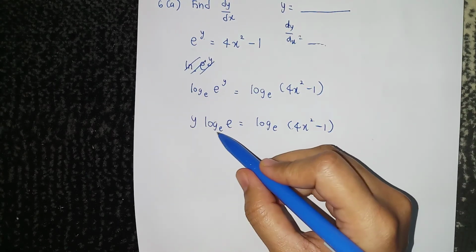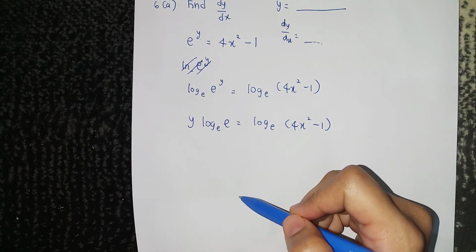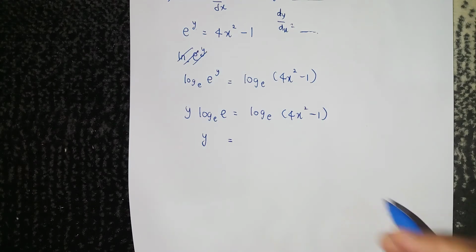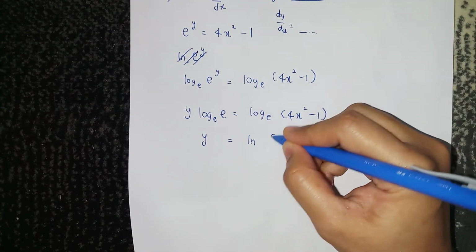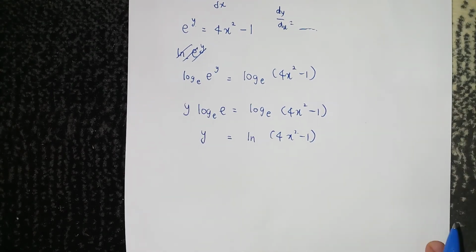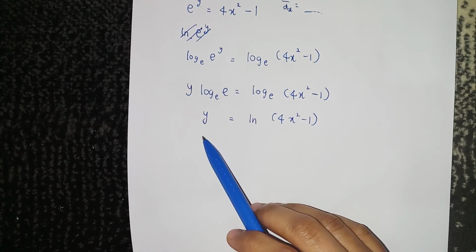What is log e? When you have the base and the number the same value, that is just 1. So y times 1 becomes y only. Log e, I change to ln, ln of (4x squared minus 1). Now I have achieved my aim to let y be the subject.